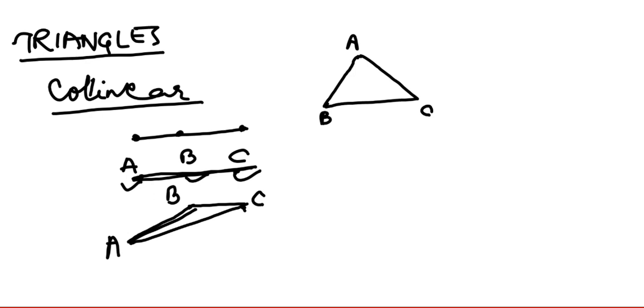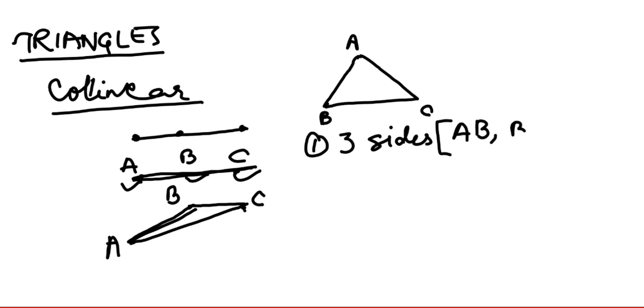Here students, in this figure ABC, we have 3 straight lines, that is 3 sides. The triangle has 3 sides, and those are AB, BC and CA.